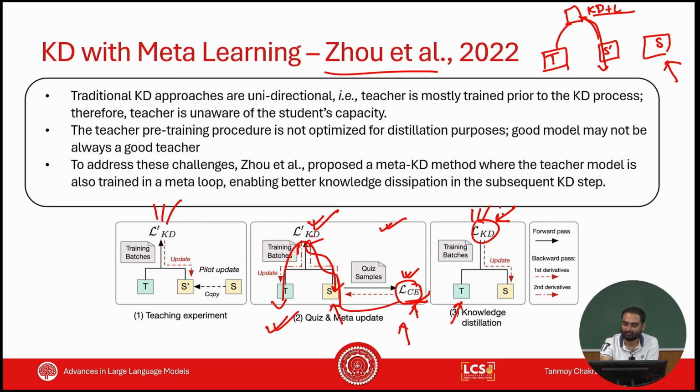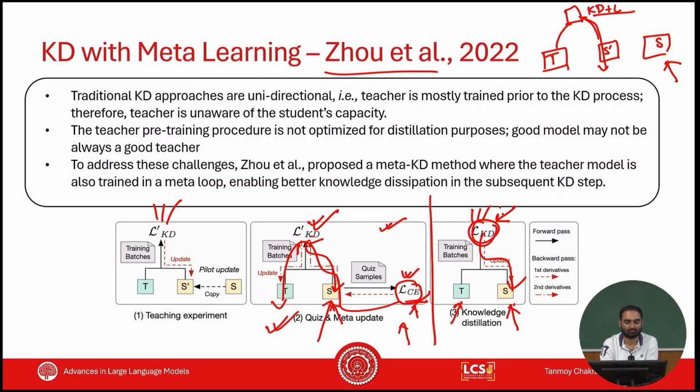Now here again you do KD and that gets back propagated to student. But here remember this is the actual student model. Till this part we had a replica of S, but now we have the actual student model. So the actual student model gets fine-tuned with respect to the updated teacher model. That's the difference.